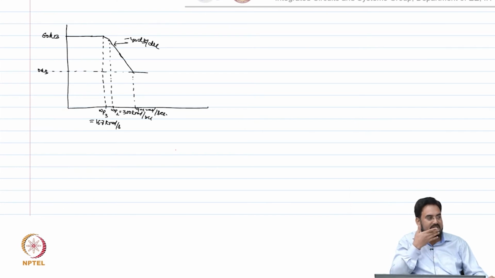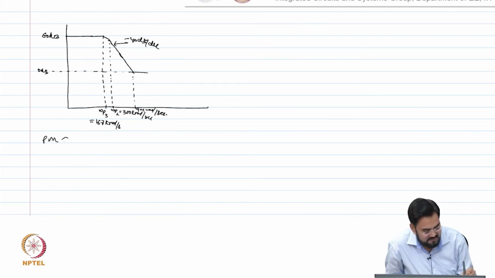What will the phase be at 0 dB? Almost 180 phase shift, because both poles will have 90-degree phase shift. So phase margin is 0, which implies unstable.